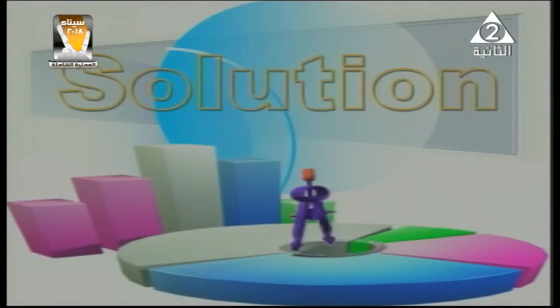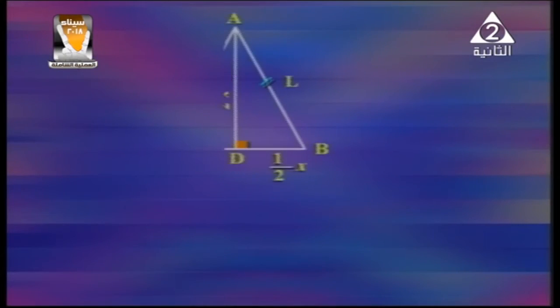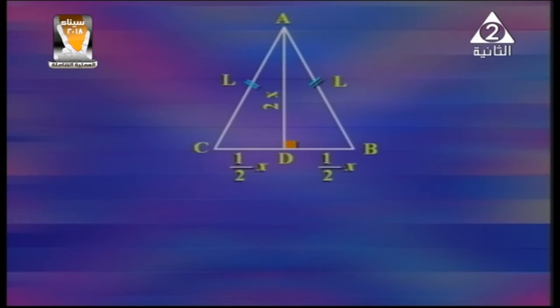Solution. Dear student, the lamina is an isosceles triangle. Isosceles triangle means two sides are equal in length, AB equals AC. This lamina is isosceles triangle ABC. Two sides are equal in length, and its height is twice its base.